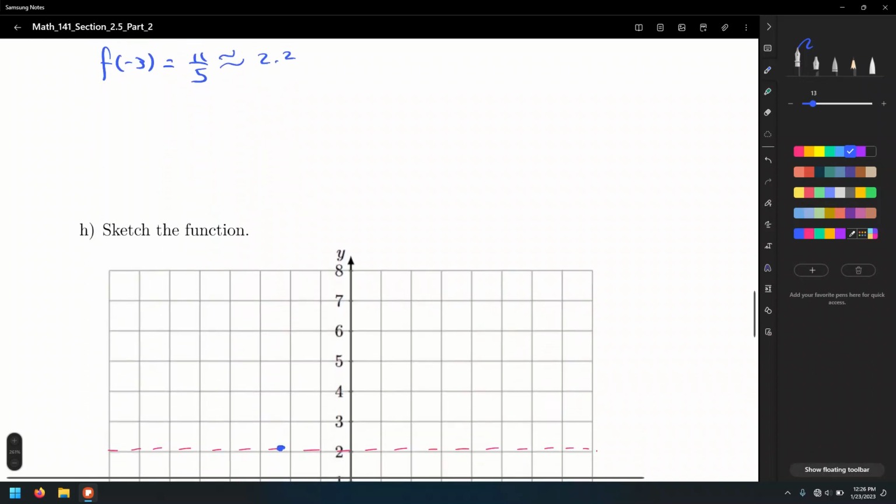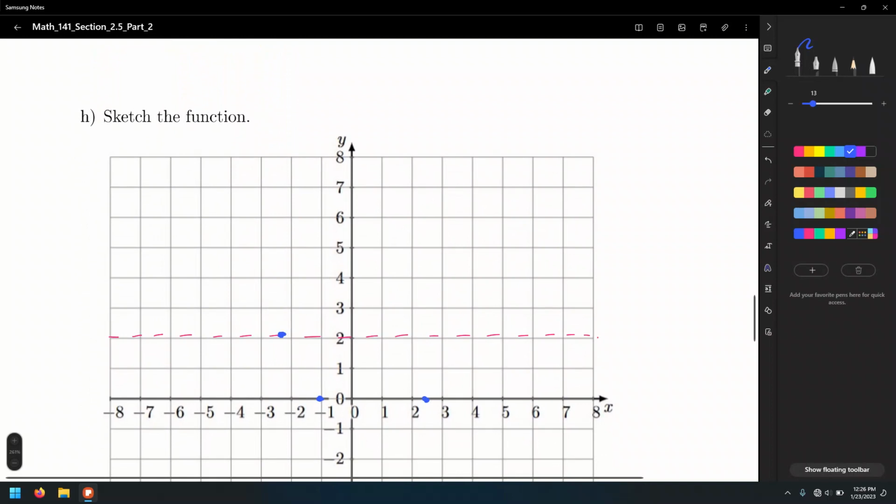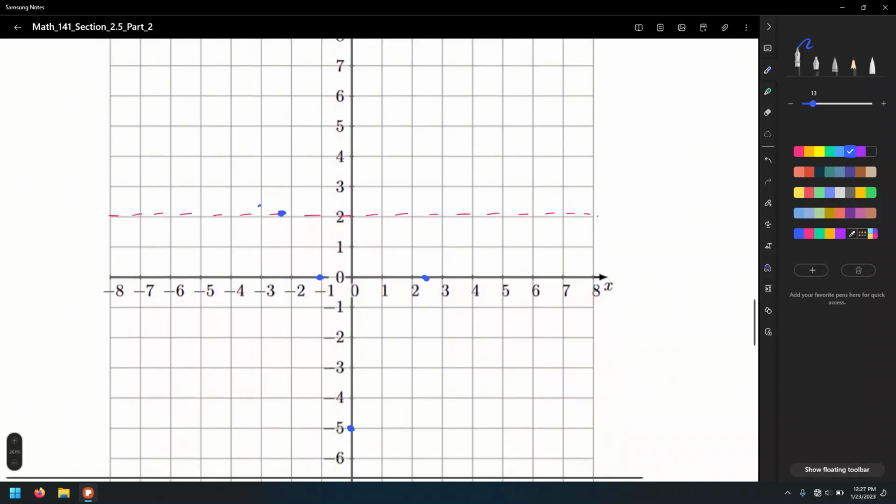The idea for this is to tell whether the graph is going to approach the horizontal asymptote. Is it going to approach it from above or from below? In this case, it's going to approach it from below because that point, -3 and 11/5, is going to be this point.